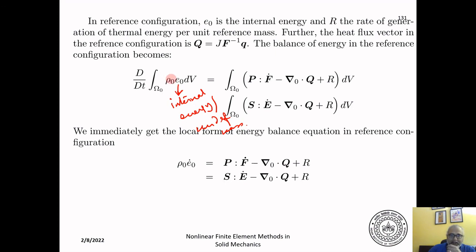So that d/dt of rho naught E naught dV is the rate of change of the internal energy. Now apply the localization argument to this, and you will get rho naught E naught dot is equal to this as your first energy equation in the reference configuration.